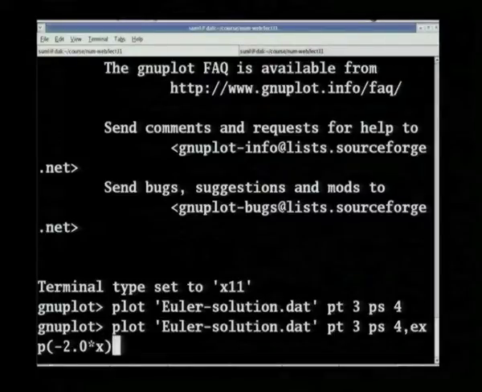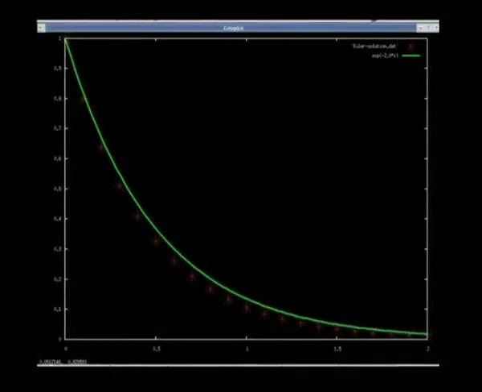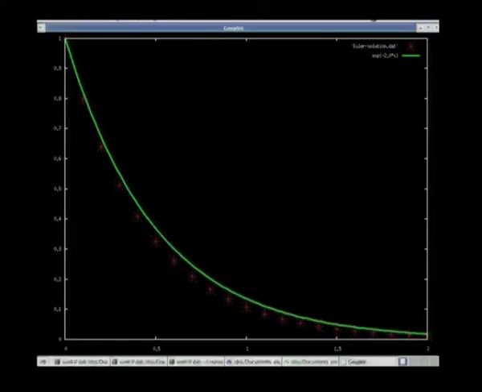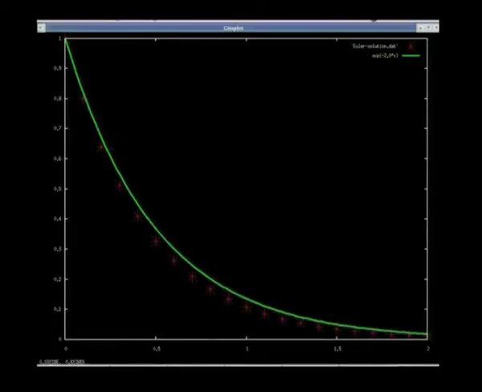We can see that the asterisks here are the points which we obtain using this Euler scheme, and the green line is the real solution, exponential of minus 2x.